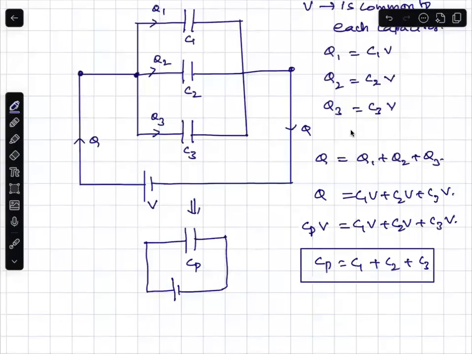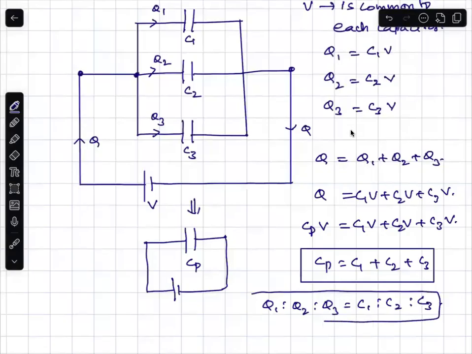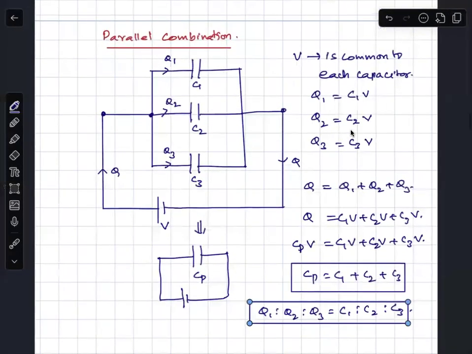So what is common? Potential difference is common. So how does the charge Q1 to Q2 to Q3 split? C1 is to C2 is to C3. This is how it takes place, and this is what we call the parallel combination of capacitors. Now tell me, till this point, do you have any doubt?